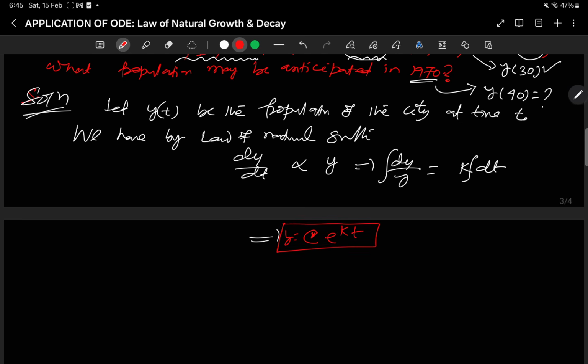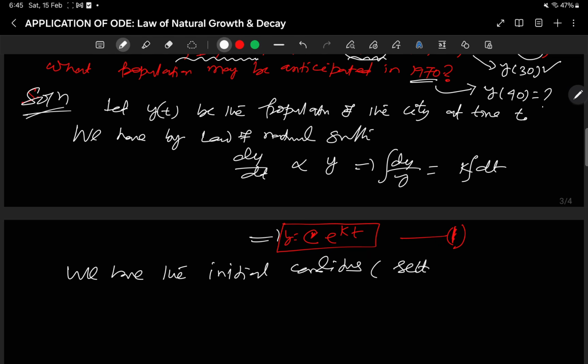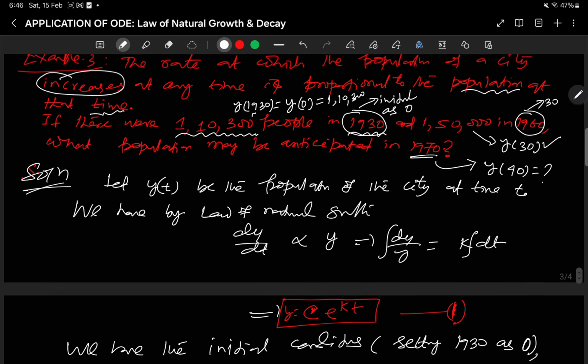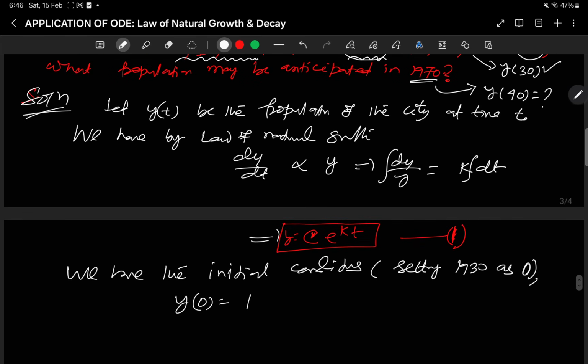Okay, let it be my equation 1. We have the initial conditions. Here we are setting 1930 as 0. So we have y of 0 is 1,10,300.